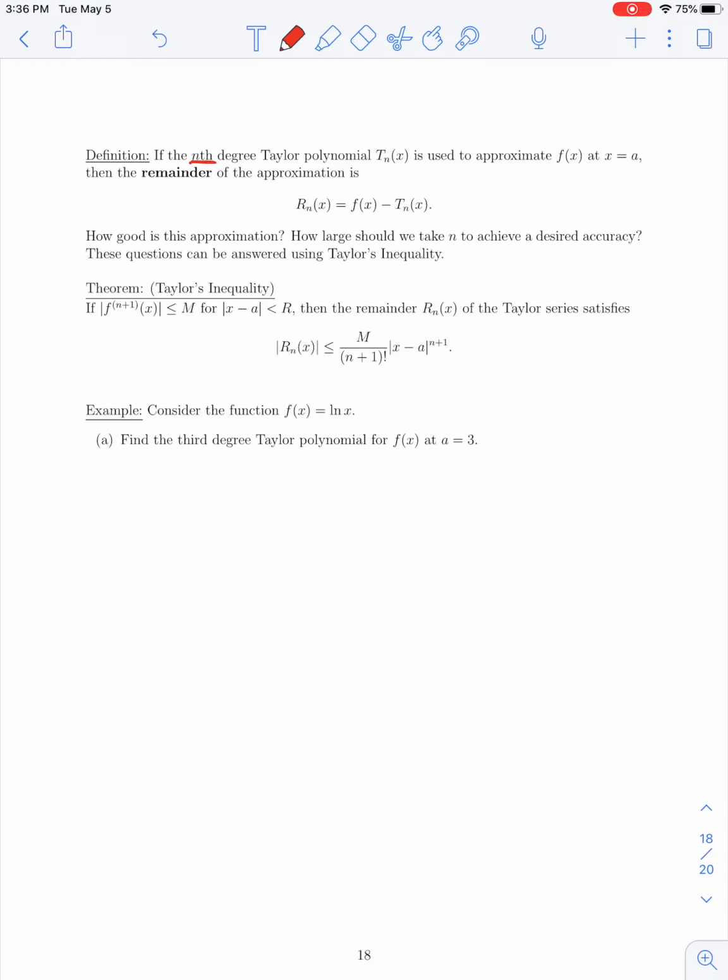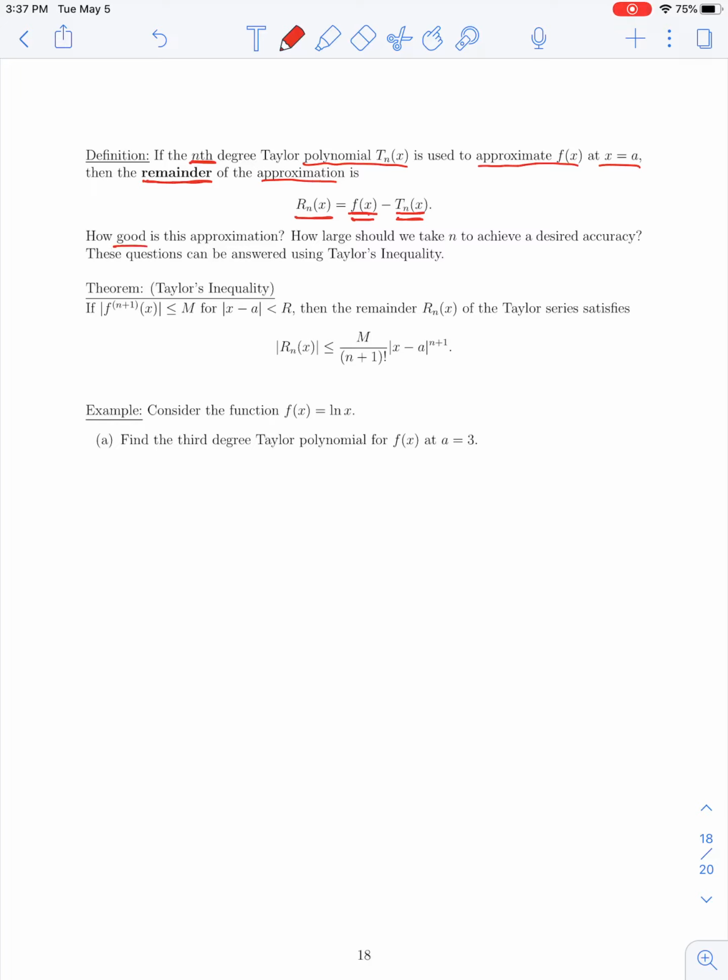If we use an nth degree Taylor polynomial, T_n(x), to approximate a function f(x) at x = a, then the remainder of that approximation, which is a function of x, we will call R_n(x), is the difference between the actual value of our function f(x) and its nth degree Taylor polynomial.